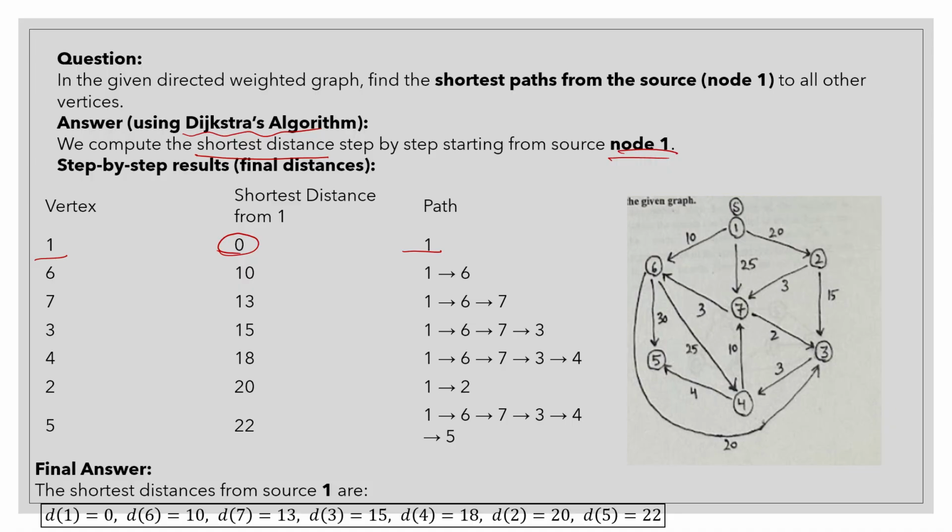You are at 1 at the moment. Then from here, you go to 6. 1 to 6 has weight 10. Similarly, following all these steps, getting the shortest distance from 1, we'll get the required answer.